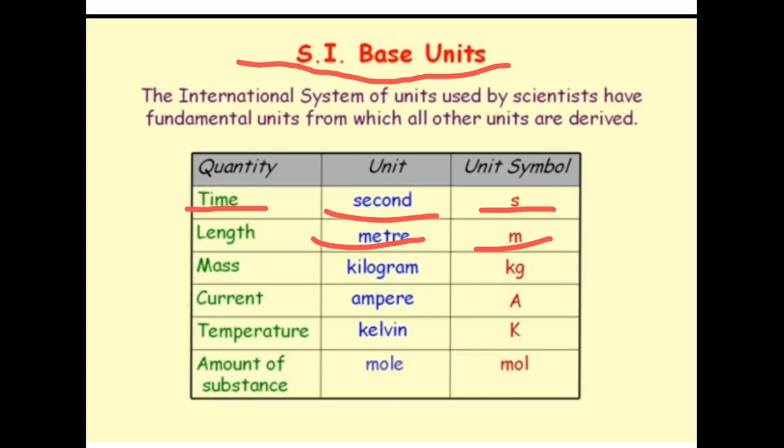Now mass. Mass is measured in kilogram. Current, the unit is ampere and it is noted by capital A. Temperature, the SI unit of temperature is Kelvin and it is noted by capital K. Amount of substance, that is mole, and we write the symbol as mol.